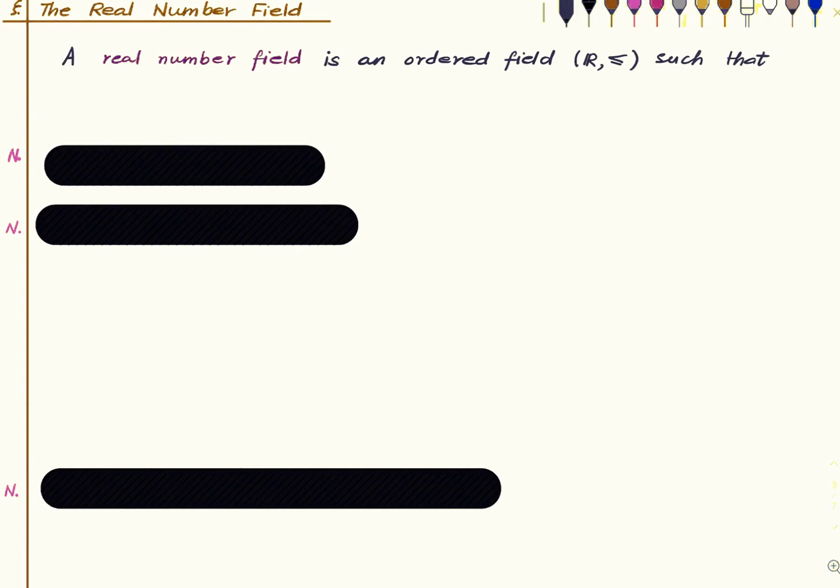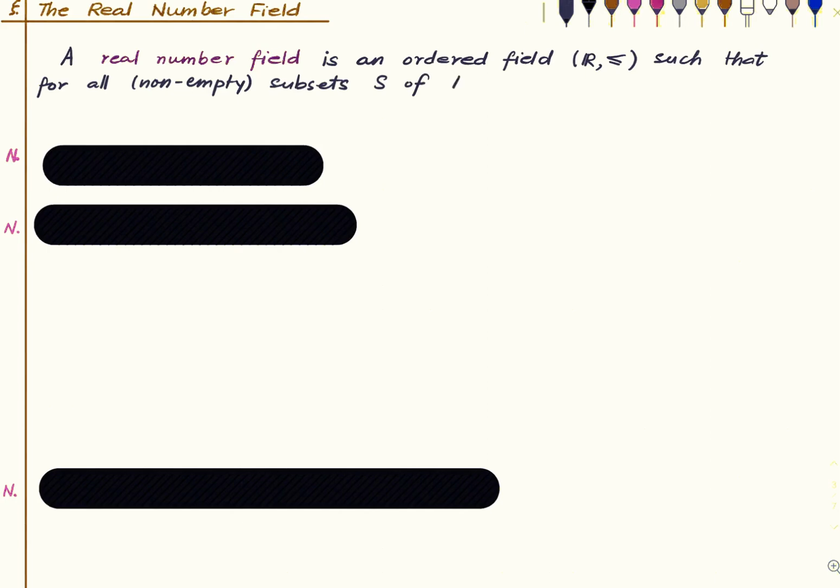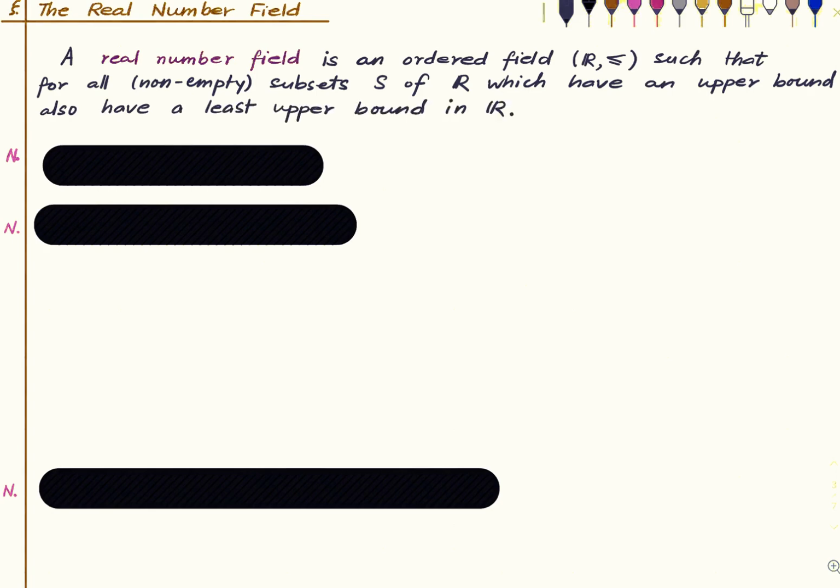So, for all non-empty subsets S of our field which have an upper bound, S also has a least upper bound. So we just demand the property that we lacked in rationals to be satisfied in reals.